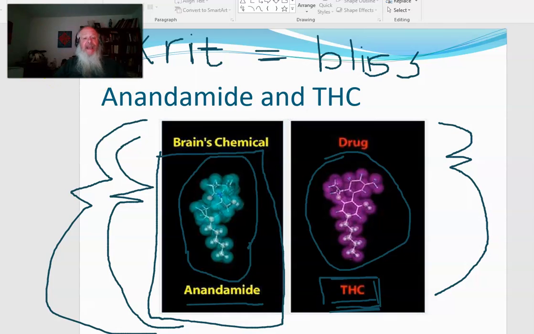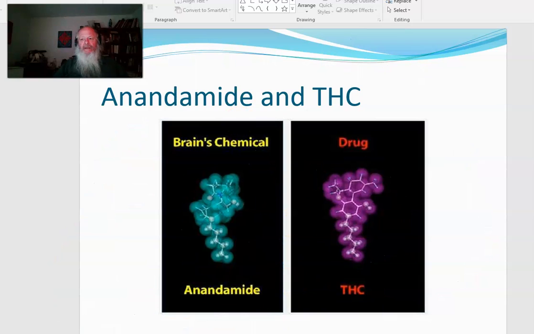Actually, that is again an oversimplification. I read an article sometime since the beginning of the year that said that at this point we've identified over 125 different active components in the cannabis plant.